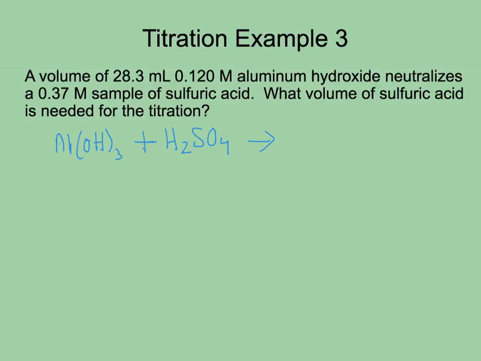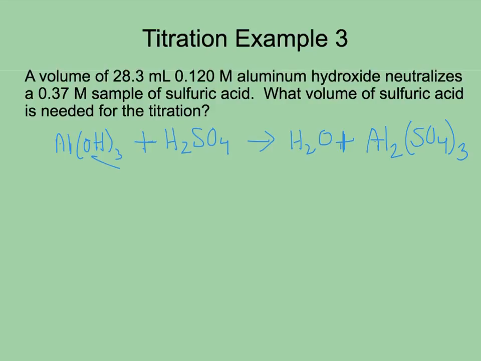Put the two middle ones together, that gives you water, and the two outer ones together will give you aluminum sulfate. So water is H2O, and then the two outer ones, aluminum sulfate. Aluminum is 3+, sulfate is 2 minus, so Al2(SO4)3.